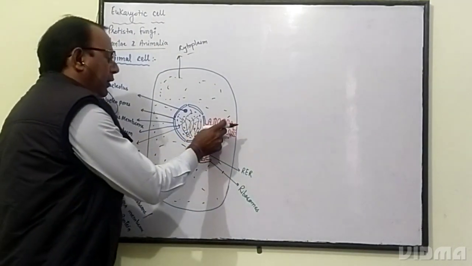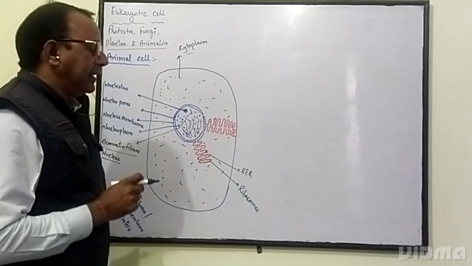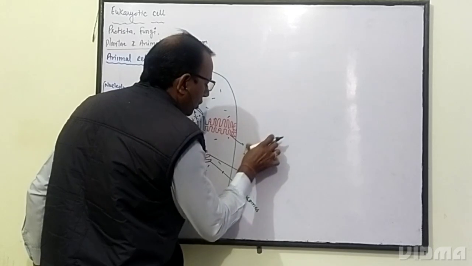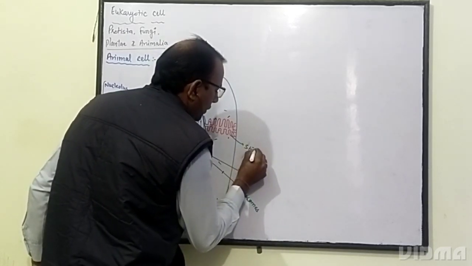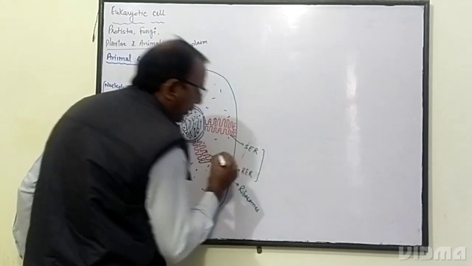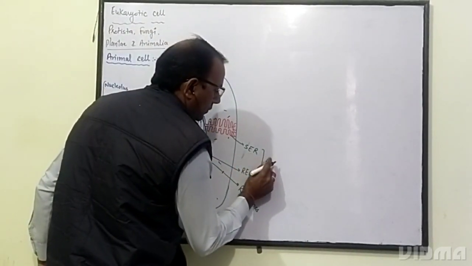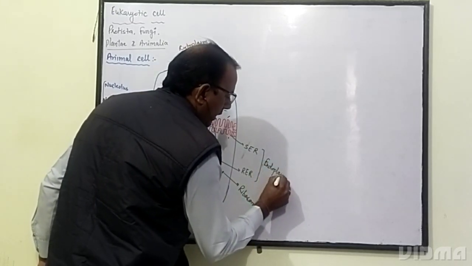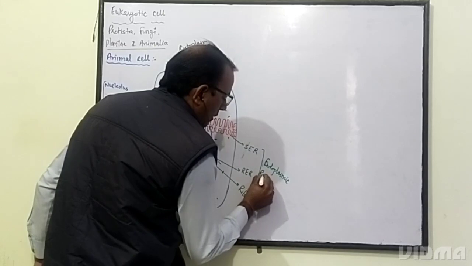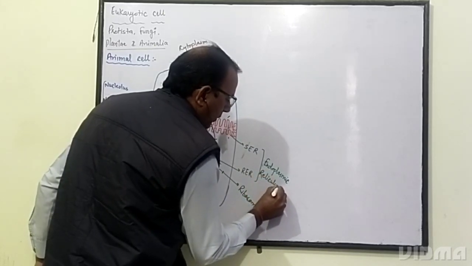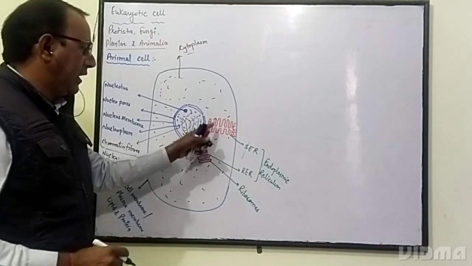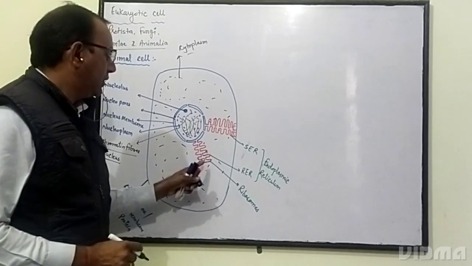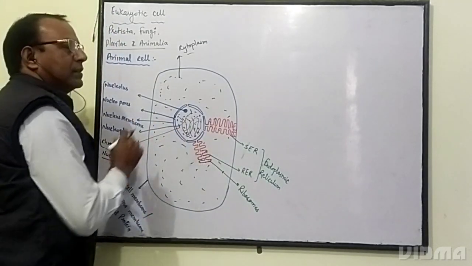The other endoplasmic reticulum, which doesn't contain any ribosome, is called SER, smooth endoplasmic reticulum. This is the first cell organelle.